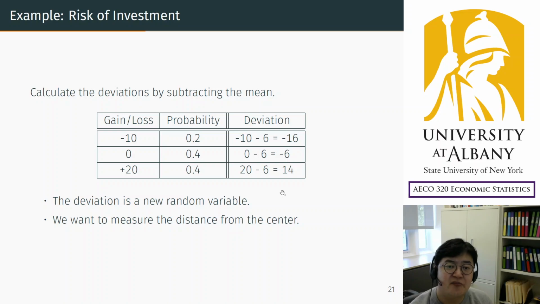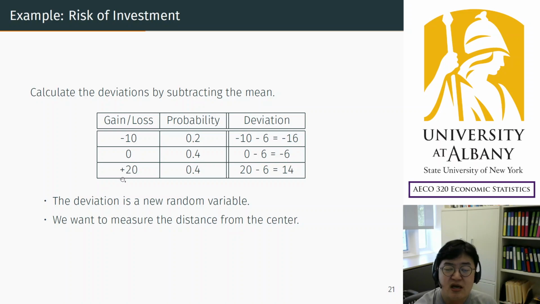6 is the center. And let's calculate the deviation from the center. So if the realization is minus 10, then that is $16 below your expectation. Minus 16 is the deviation. And if you earn 0, then it is $6 lower than your expectation.